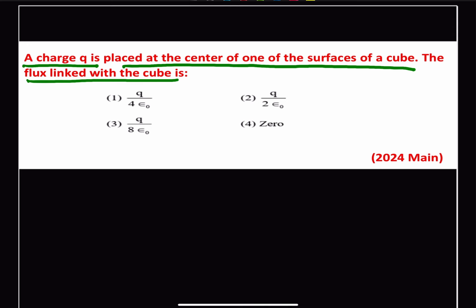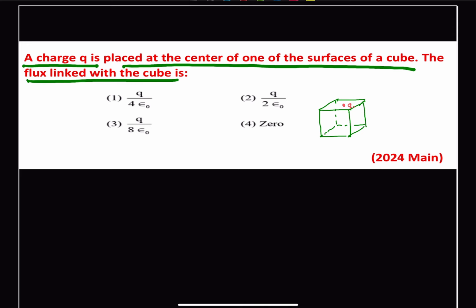So which basically means that if we have a cube, which is something like this, and suppose the charge is placed somewhere here, which is Q, and if we want to use our Gauss law, we have to enclose this surface, and for that what we do, we draw a symmetric surface which in this case is similar to that of the cube.